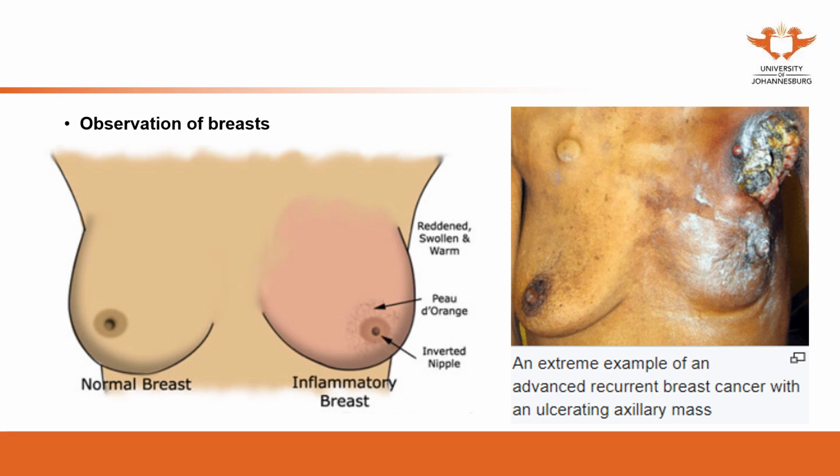And how do we understand this kind of symptoms, if a patient presents with a swollen, warm, red breast? Firstly, the color, the red color is heat, right? That's the heat. Where does the heat come from?